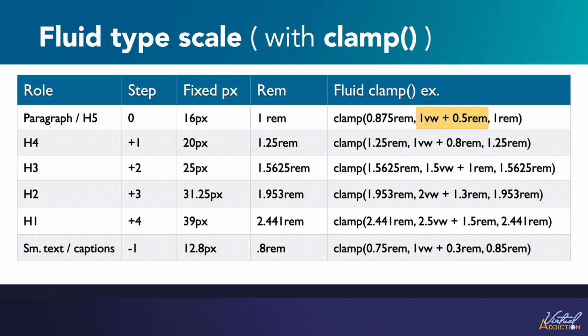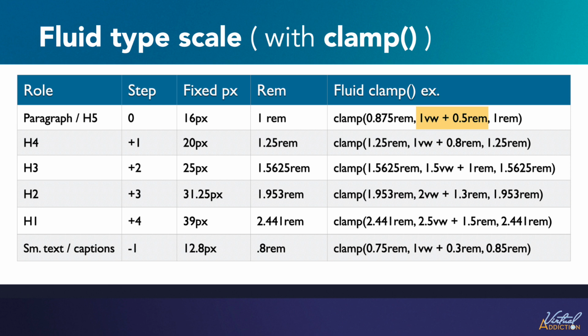The next part of the equation, 1 VW plus 0.5 rems, that's the preferred or ideal font size based on the viewport width, plus a fixed size of 0.5 rems. 1 VW means 1% of the viewport width, so the font size will grow or shrink as the window gets wider or narrower.